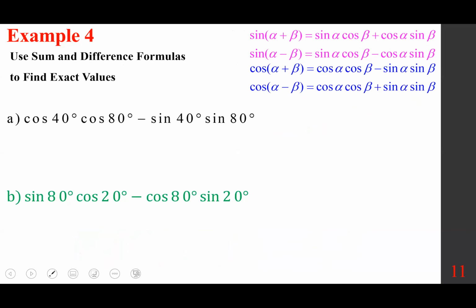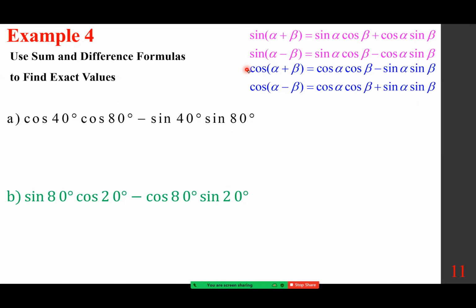We want to find the exact answer. So we want to compare this and figure out which one of these formulas. We have cosine, cosine minus sine, sine. So which one is that? Cosine, cosine minus sine, sine clearly is this one. So this is cosine of alpha plus beta.